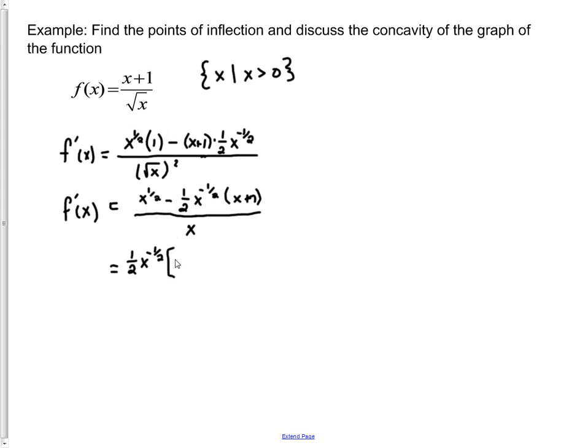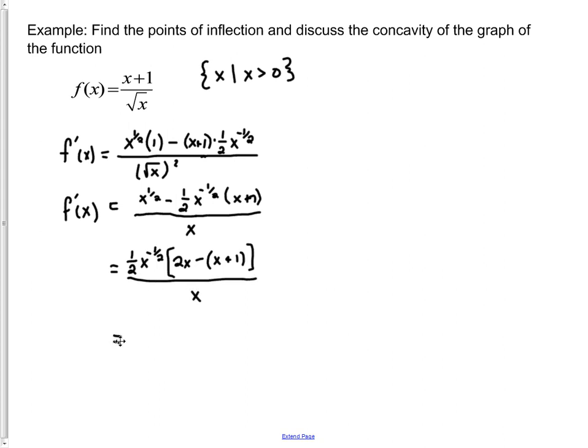And the answer to that is 2x. All right, not bad. And then, of course, we're factoring out 1/2 x to the negative 1/2 from 1/2 x to the negative 1/2. That just goes away and leaves us with the quantity x plus 1 in parentheses here. And of course, all of that is over x.